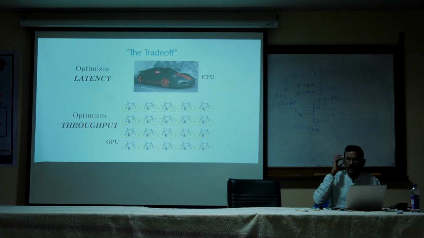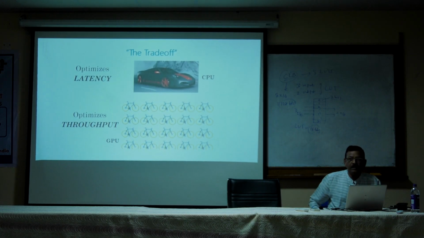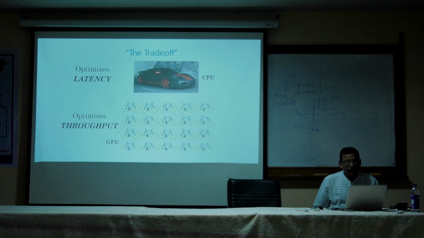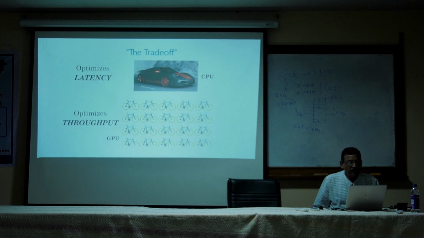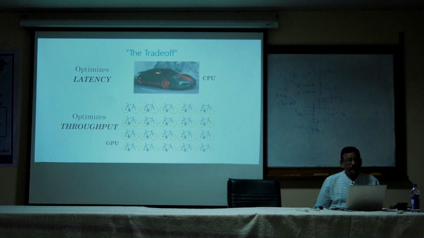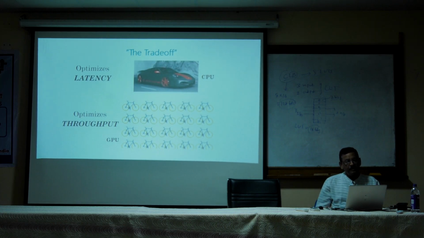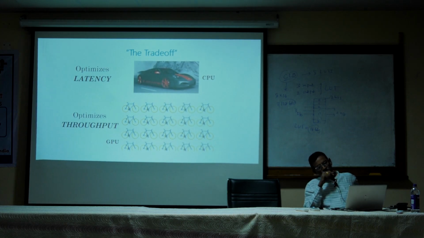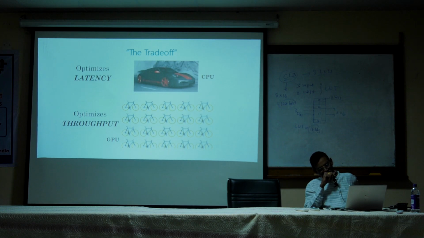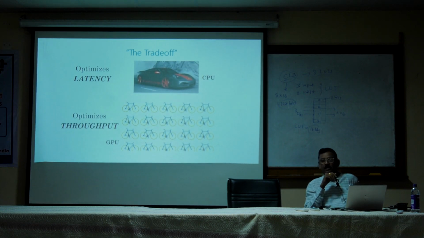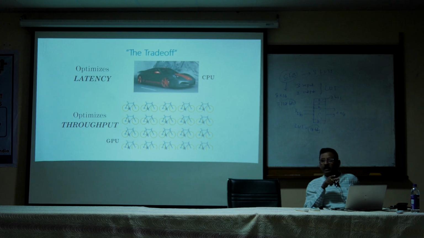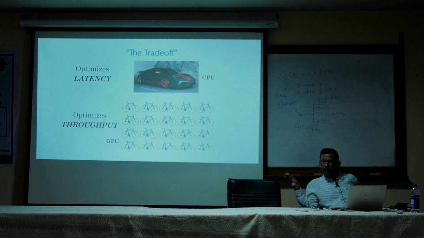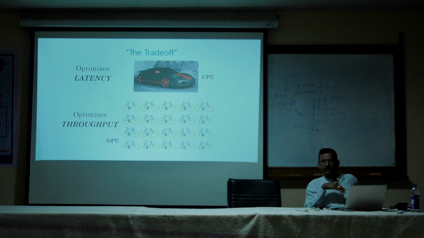But the GPU is optimized for throughput. Through the CPU, it is very fast, but only a limited number of people can be transported at very high speed.